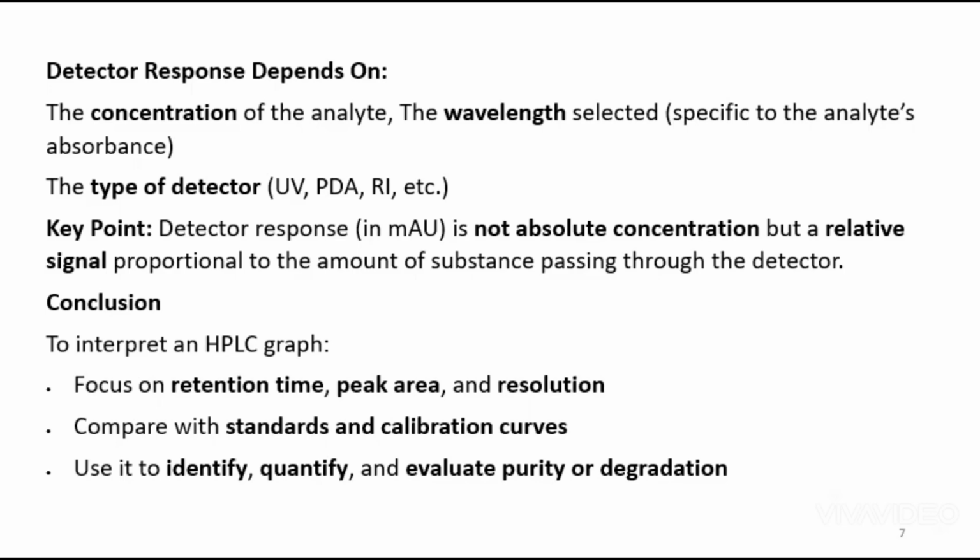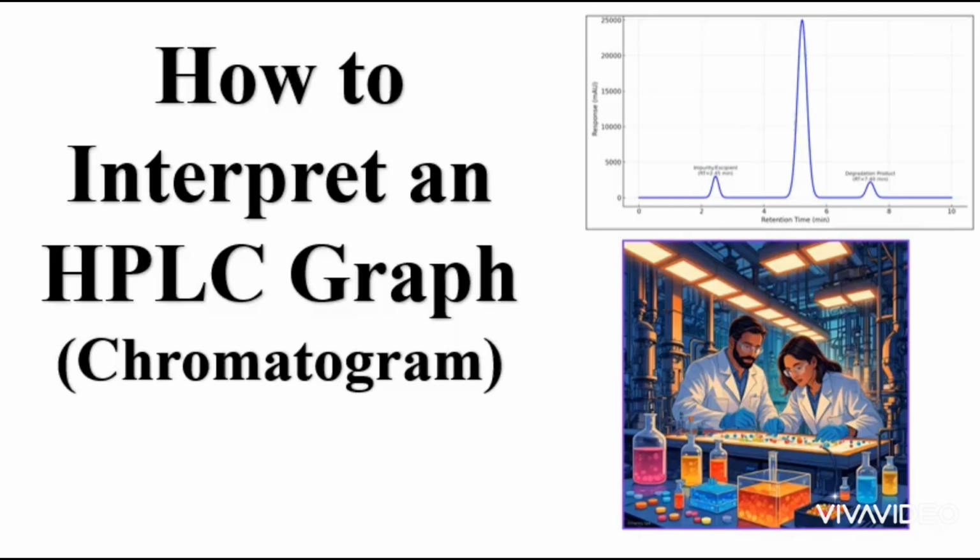The HPLC technique is the most widely used technique in pharmaceutical analysis, and it is used for various tests like potency assay, impurities, dissolution and many others. So we should know how to interpret the HPLC graph and what that graph is saying to us.